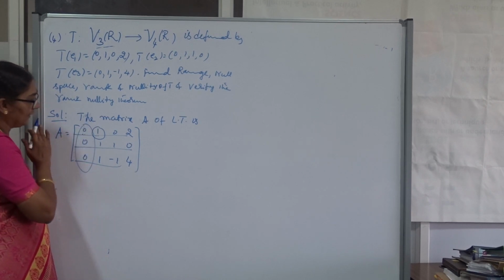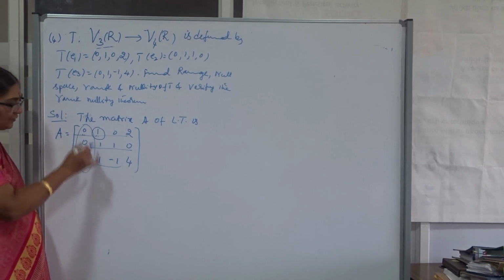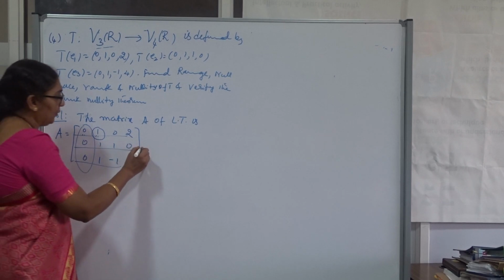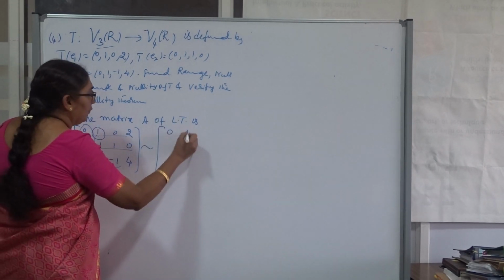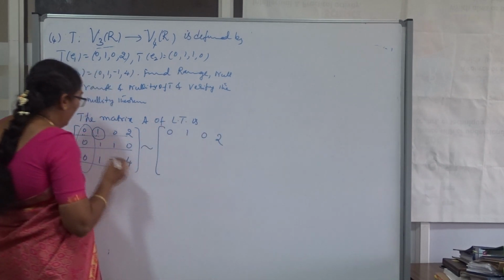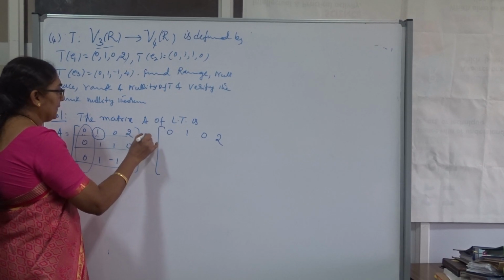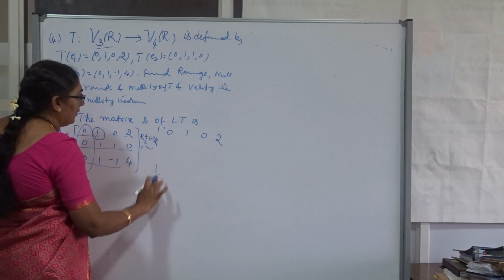Then we are saying that we neglect it and start from this. Therefore, this is my pivotal element, which is non-zero. Using this, I try to convert the rest of the elements to 0 by using elementary row operations. (0, 1, 0, 2). What are we going to do? R2 plus minus 1 into R1.